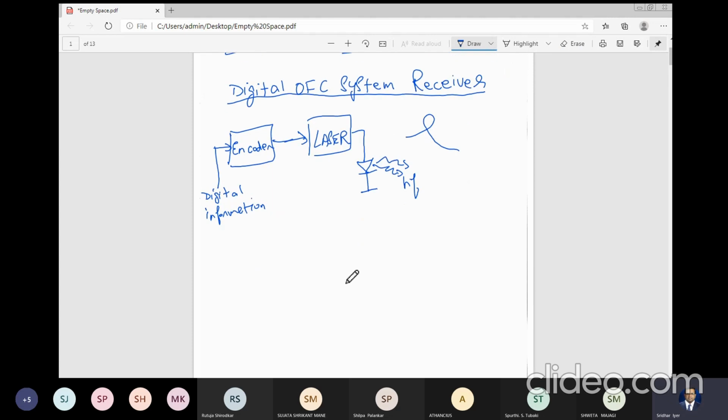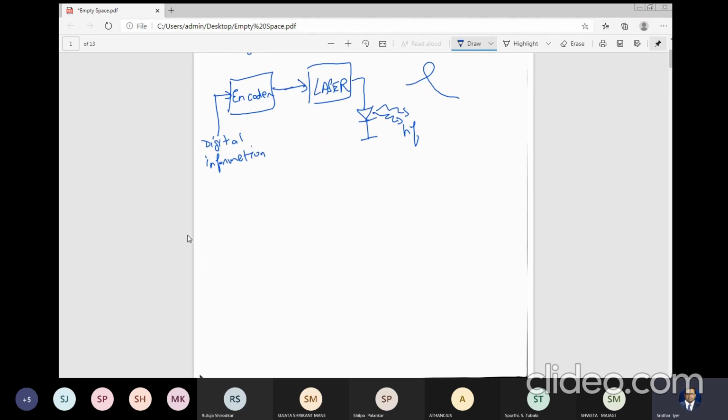So this part would be the source, and let me draw the receiver at this end. So at the receiver, it will be the opposite process. So we'll have these photons coming in, and this will be your PIN diode or an APD. It's again a diode, so that's why I've drawn it in the form of a diode.